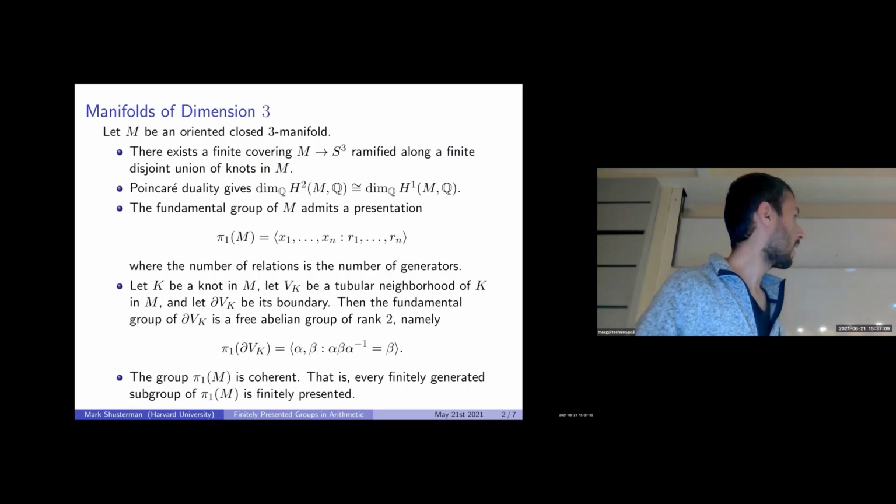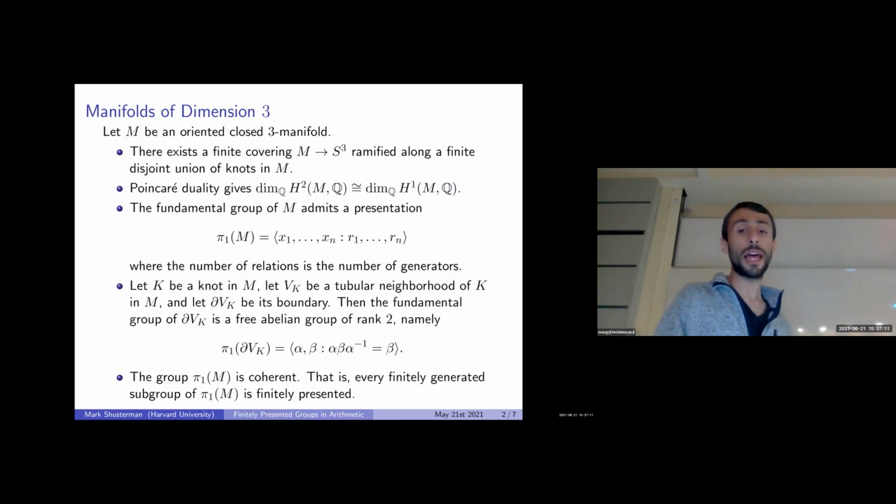So most of these facts are classical, proven throughout the 20th century. Maybe only the last bullet point is a little more recent, I think maybe in the 70s due to Scott, and then other proofs also became available.